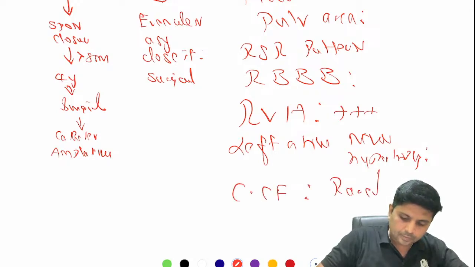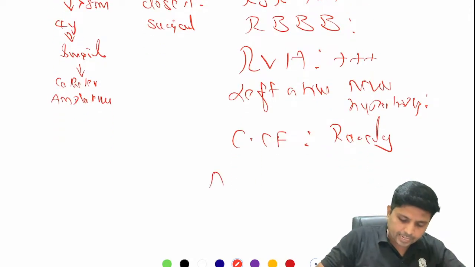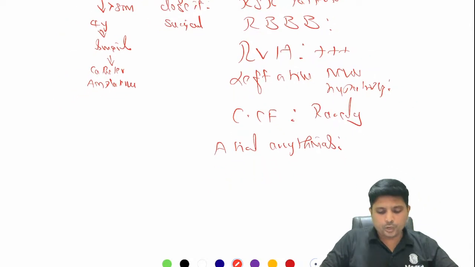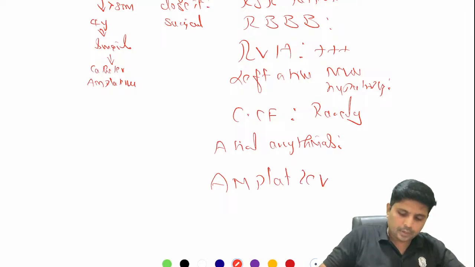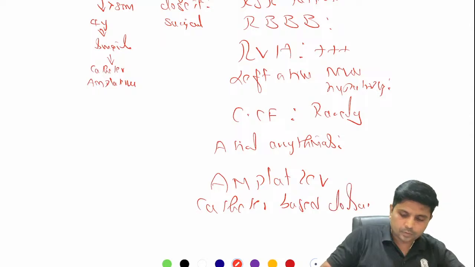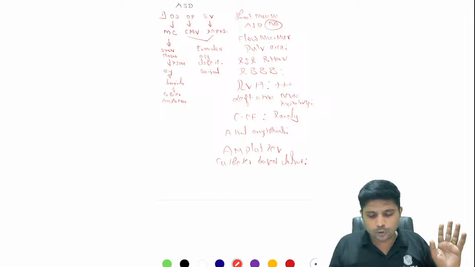Rarely. What is the late manifestation? Atrial arrhythmias in adulthood. What is the usual closure? Amplatzer catheter based closure. That's all about ASD.